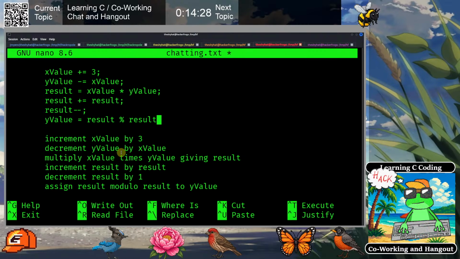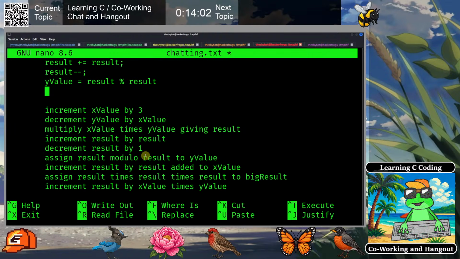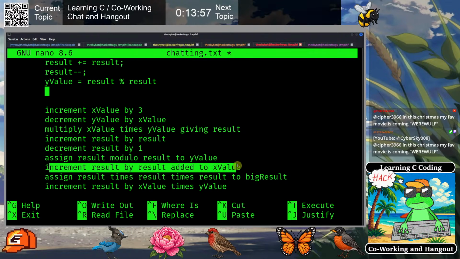Wait, any number modulo with itself is going to be 0. So y value equals result modulo result. So y value equals 0, right? Unless I've got something really wrong. Okay, and then increment result by result added to x value.